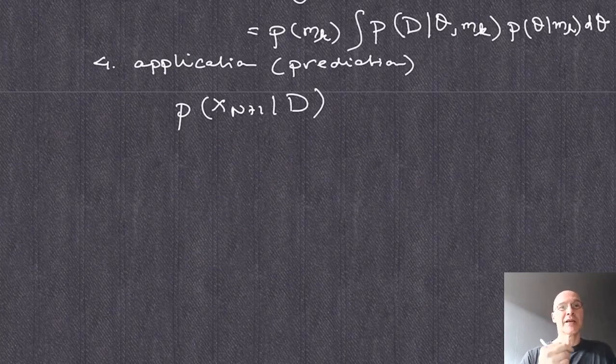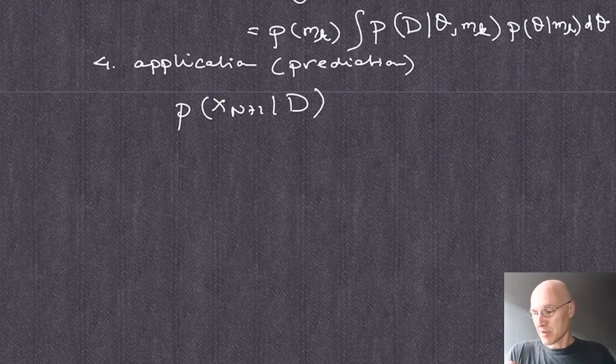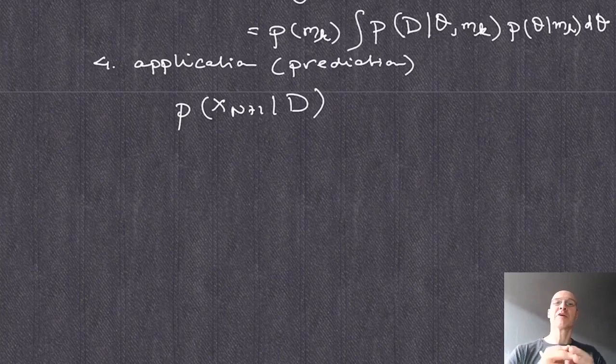Again, note that I write down my task as a conditional probability. I wrote down my task as a conditional probability when I did parameter estimation, when I did model comparison, and when I do my application. And we can always compute that if we have the joint.